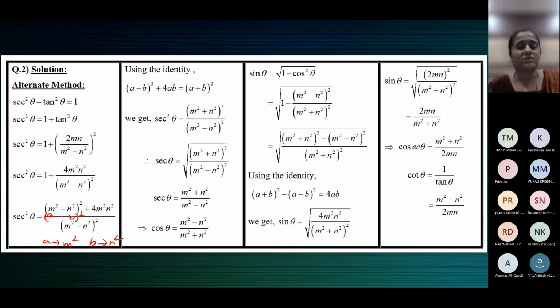So it's of the form a minus b the whole square plus 4ab, which is a plus b the whole square.